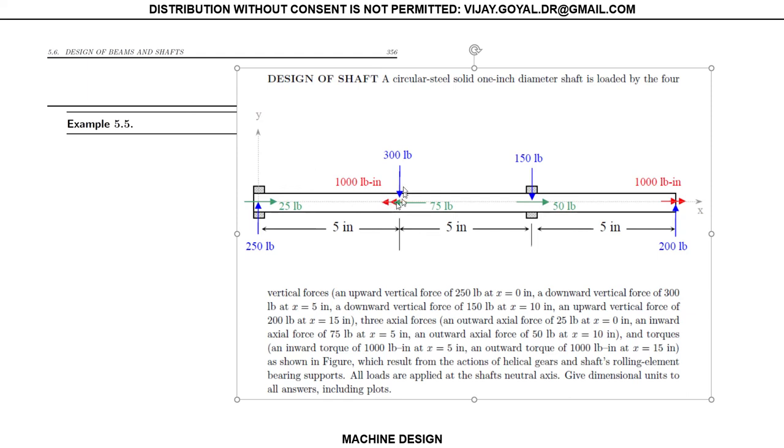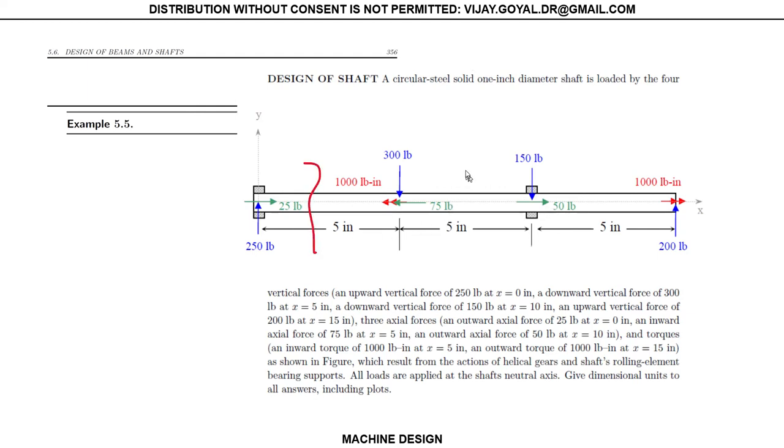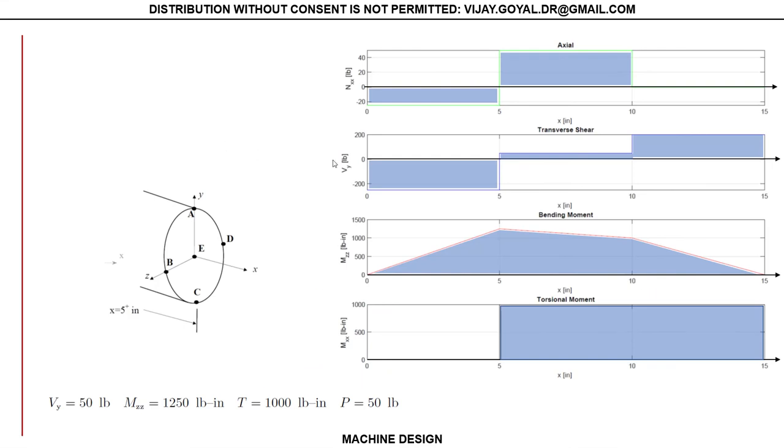Because I've got 1 discontinuity, 2 discontinuities. So there's a section cut, and a section cut. I need to draw my shear moment diagrams, which I did for you, and the shear moment diagram looks like this.